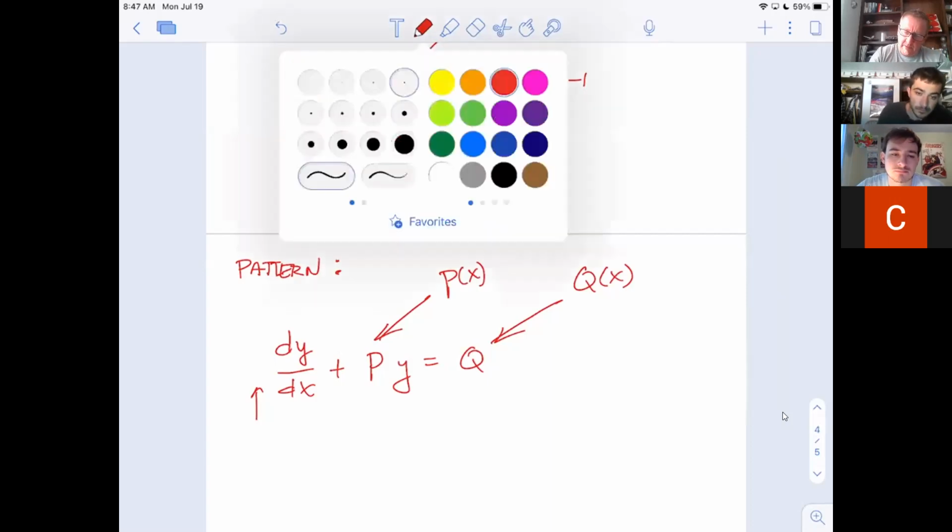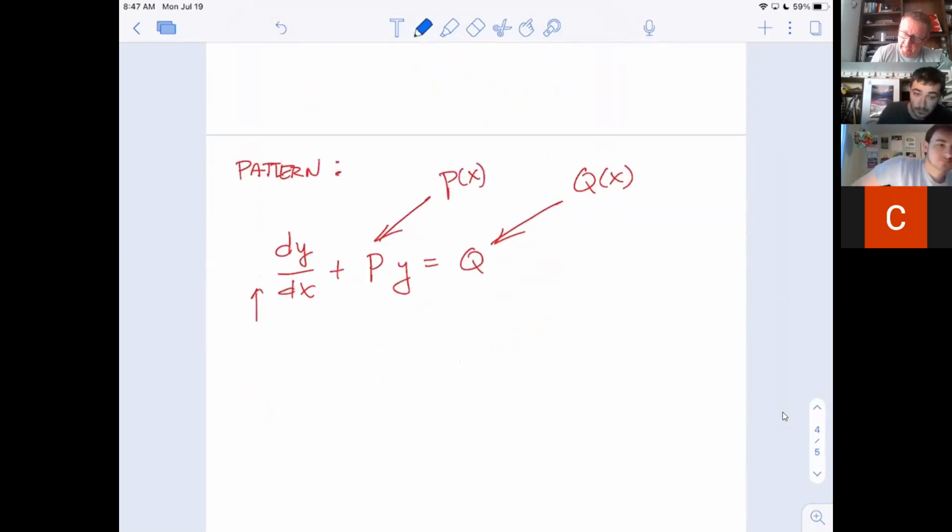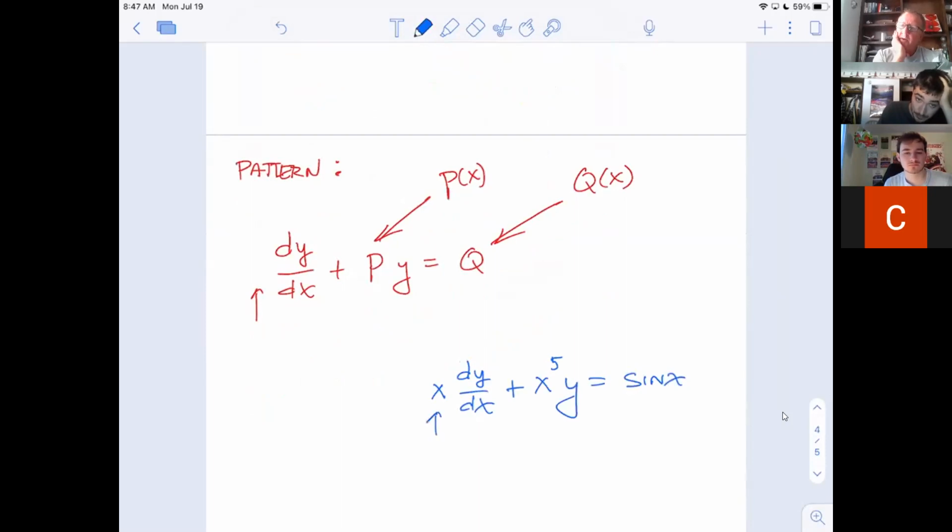So let me just give you a quick example just to make sure you get the feel of this, because you're gonna have to do this a lot. Let's say you were sitting here with x times dy/dx plus x to the fifth y equals sine of x or something like that. Could you get rid of that x if you wanted to? What would you have to do if you said, I don't want that there?